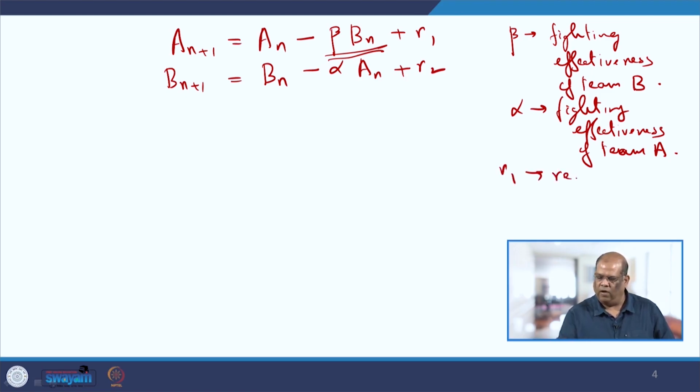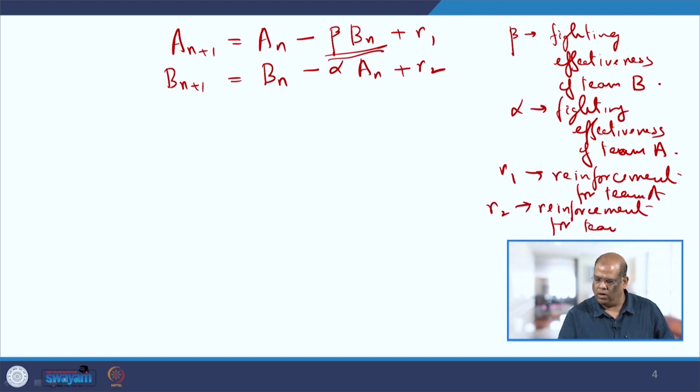R1 is the reinforcement for team A and R2 is the reinforcement for team B. By reinforcement it means either people or supplies or both: supplies of food, supplies of ammunition, and obviously supply of extra soldiers.